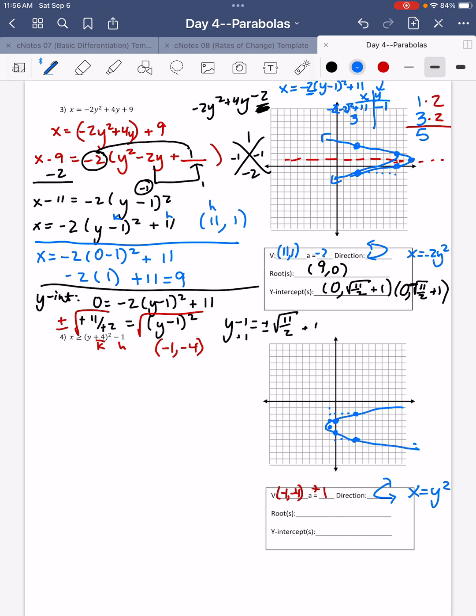Again, you can turn your paper sideways if you want. There we go. And this one, it's greater than or equal to, so it is going to be solid when you connect the points, a solid line or curve.